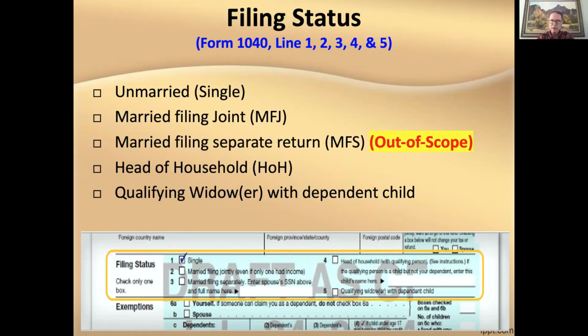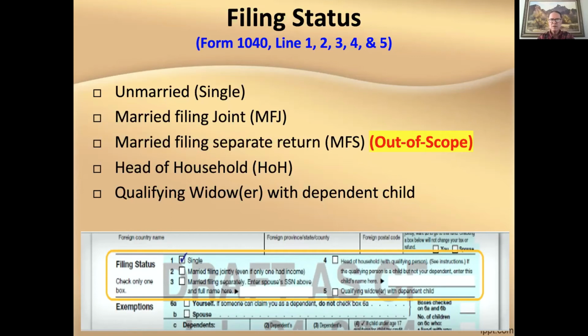A qualifying widower, the federal government looks at it this way. If your spouse dies in tax year 2021, you may file in tax year 2021 as married filing jointly. There will be no change in your filing status in the year that your spouse died.